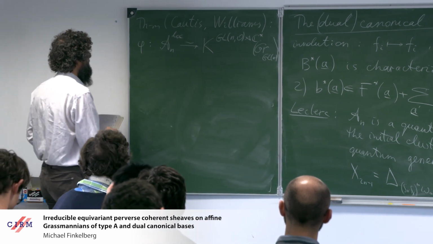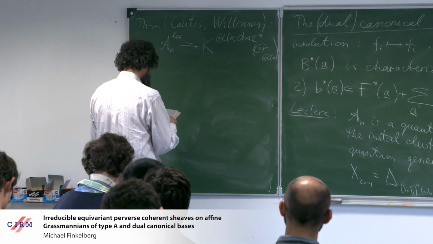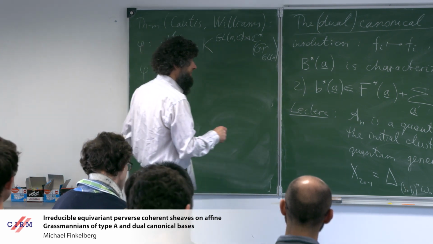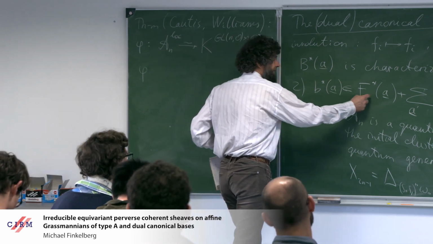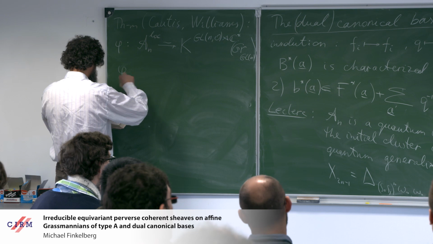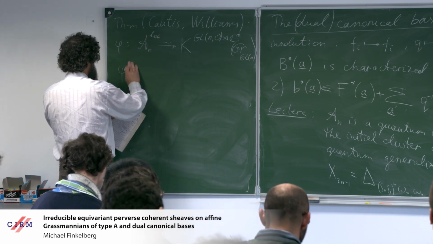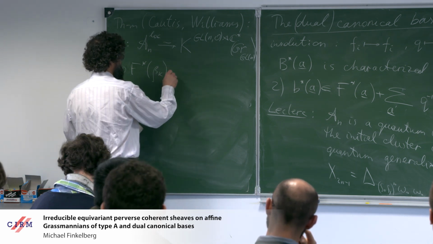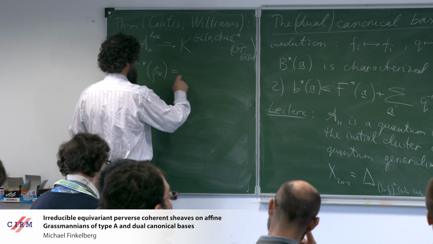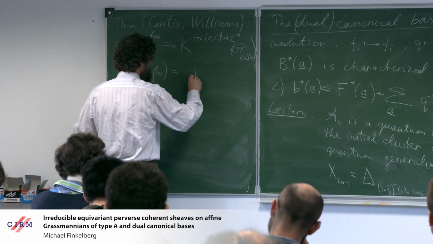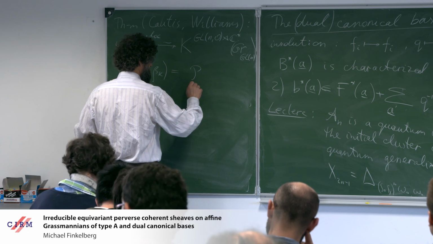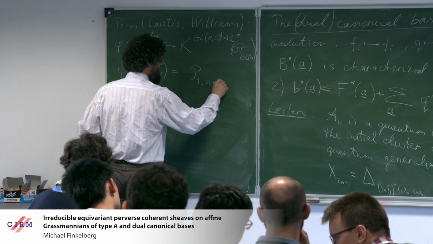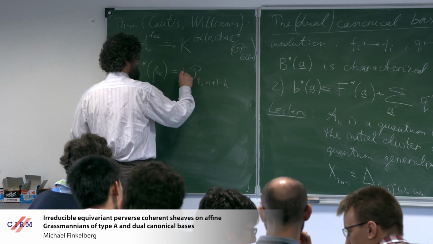Okay, and under this isomorphism, the dual generators f over b beta k go to p 1 n plus 1 minus k, and maybe multiplied by square root of q.